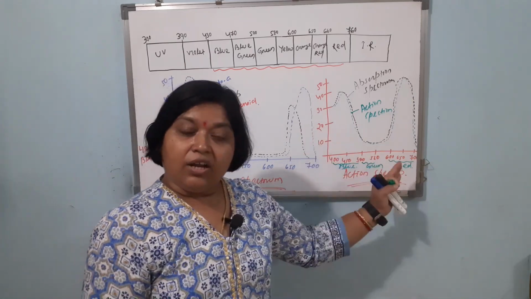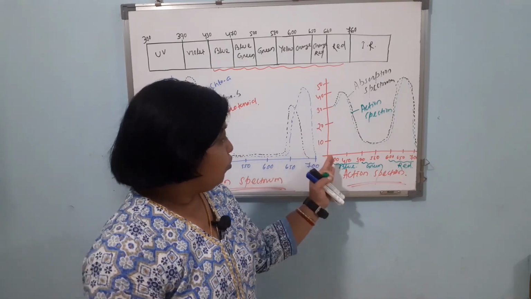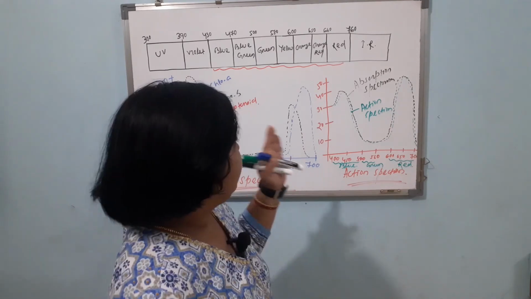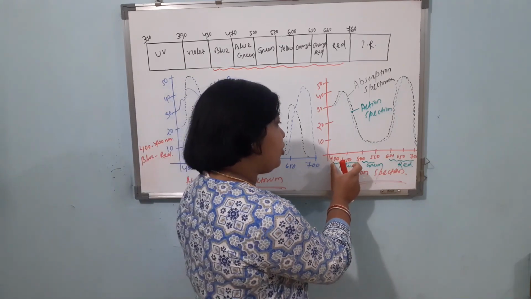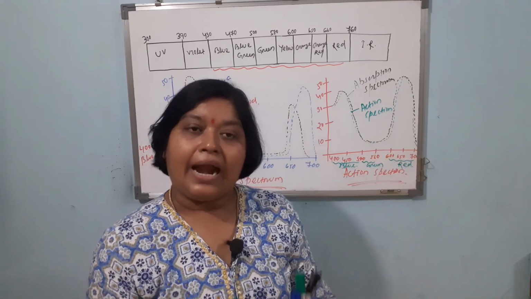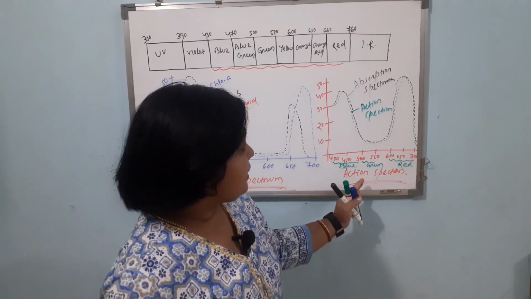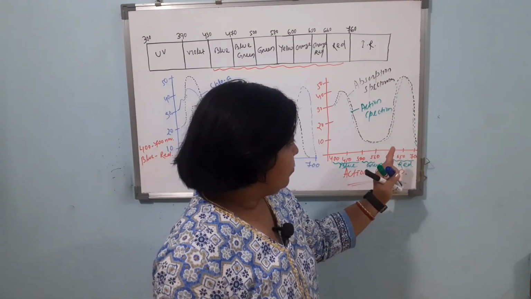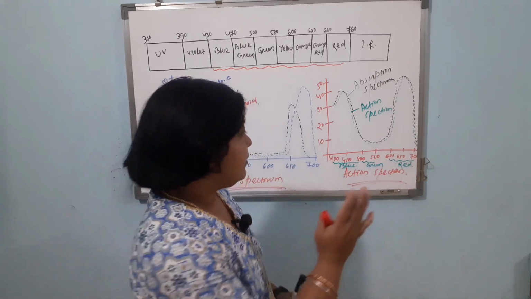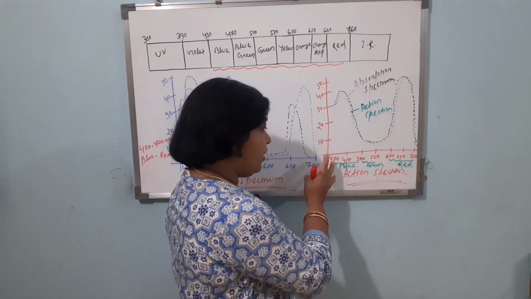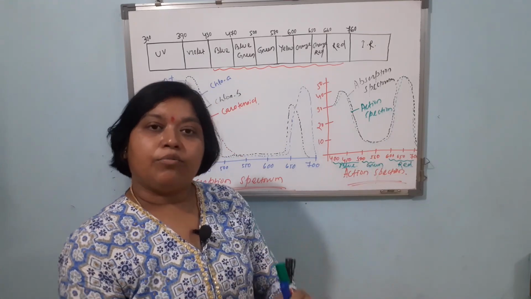It means in the red color region photosynthesis occurs most effectively, followed by blue color, then green color light.